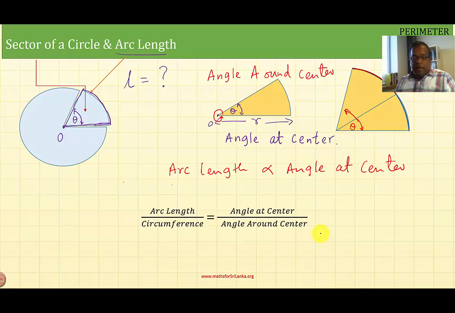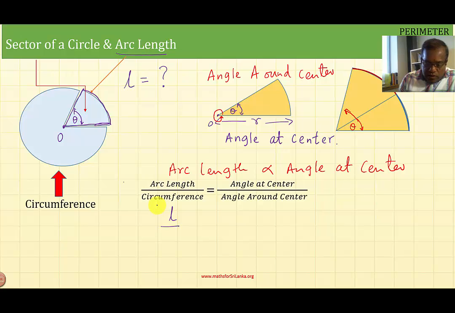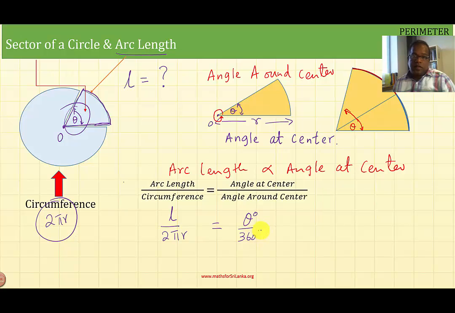Now we have figured out the exact relationship between arc length and angle at the center. The arc length over the circumference is the same as the angle at the center over the angle around the center. The arc length is L, and the circumference of the circle is 2 pi r. The angle at the center is theta, and the angle around the center is always 360 degrees.